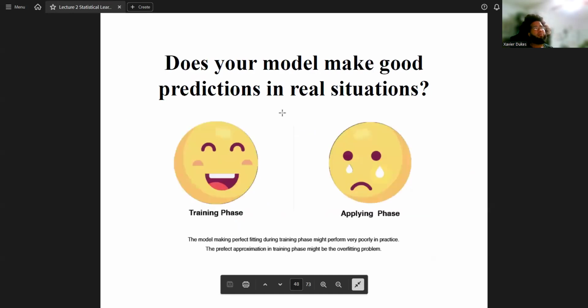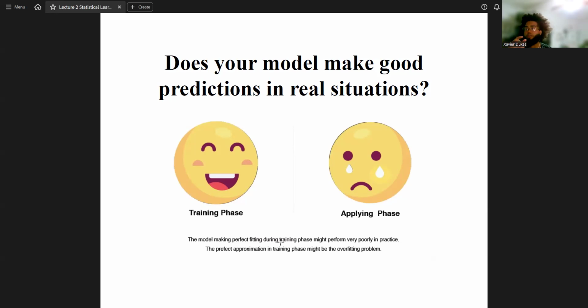Does this model make predictions in real situations? We can be very happy during the training, and then it could do very badly while actually applying the model. If the model begins to make perfect fitting during the training phase, there is zero difference between the expected value and the output value of the model. This is an issue known as overfitting.